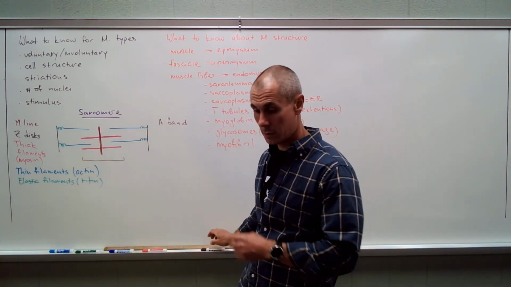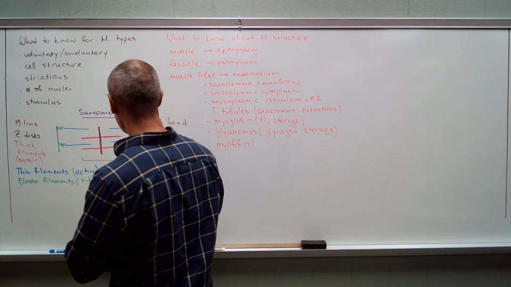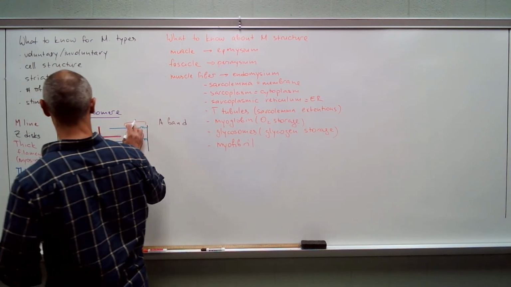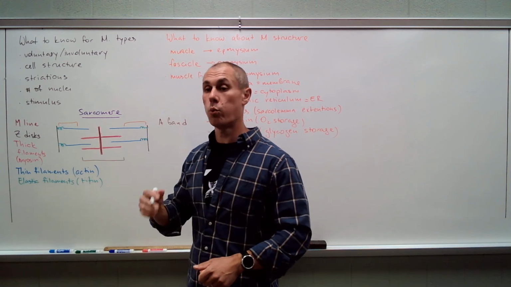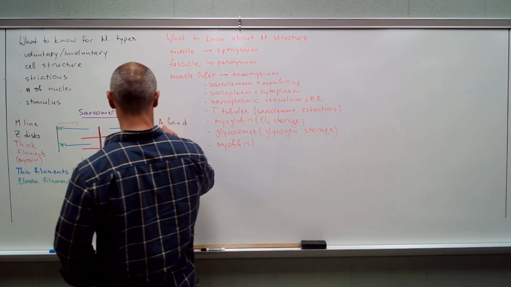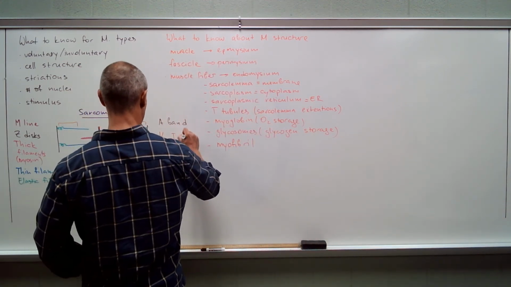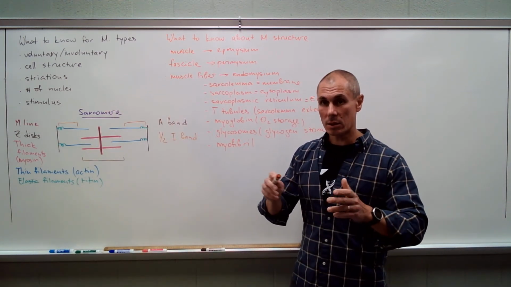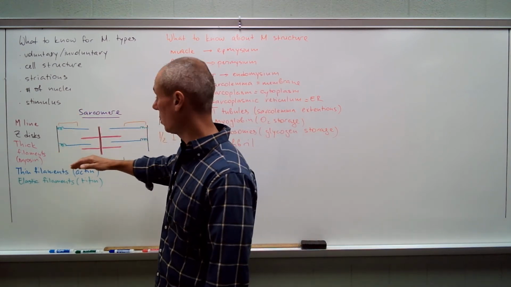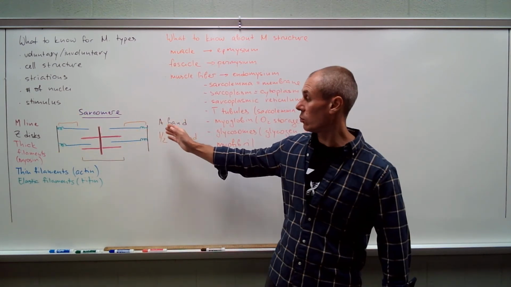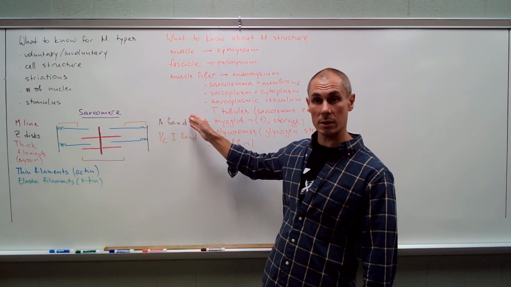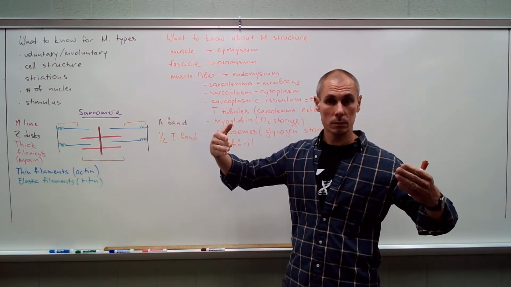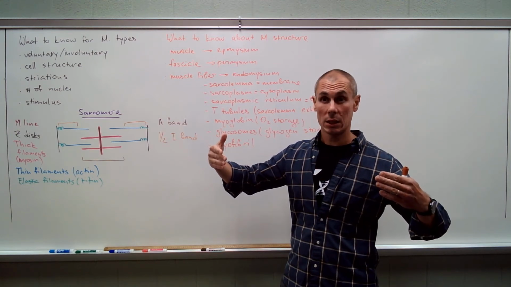These regions, where there is no overlap and only thin filament, each one of those is half of an I band. While the A band lies completely within one sarcomere, half of an I band is in one sarcomere and the other half is in another. They are organized like cars of a train. Are you following me?